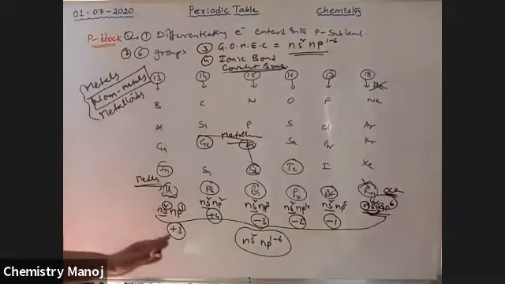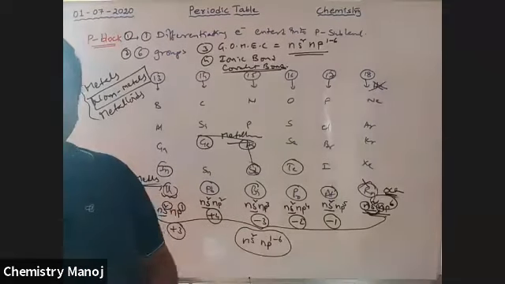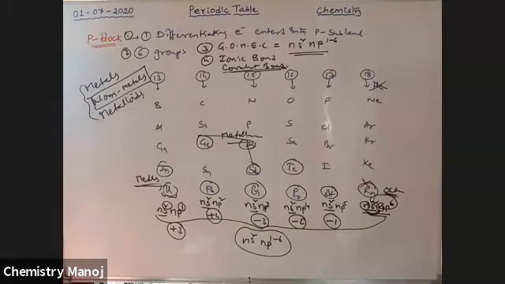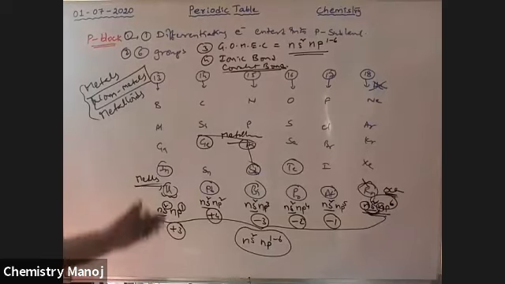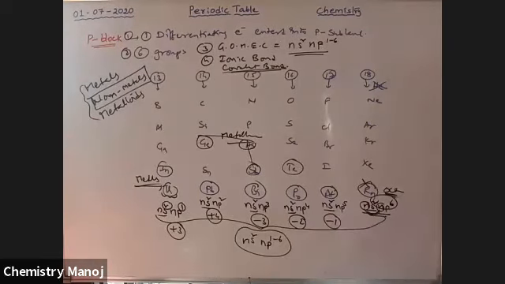So positive and negative oxidation states are possible. Not only a single oxidation state, more than one oxidation state is possible for a particular element, so it is also called variable oxidation state.